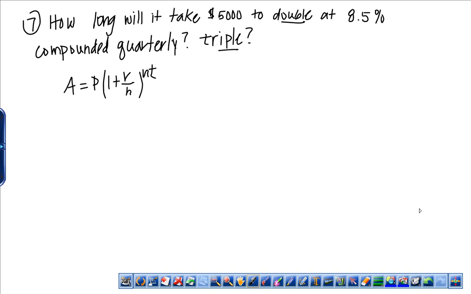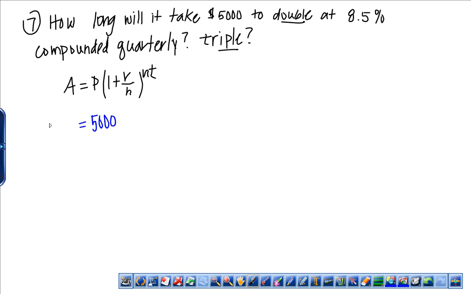And this looks like our last problem. It says, how long will it take $5,000 to double at 8.5% compounded quarterly, or how long will it take it to triple? Okay, so we have our interest formula here. So we're going to take $5,000, plug it into what we begin with, and I'm going to double it.